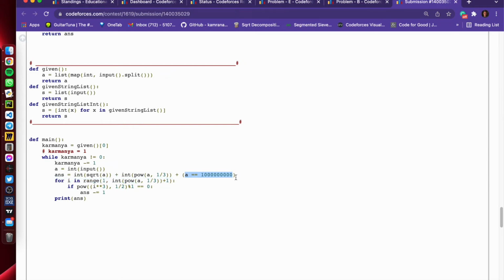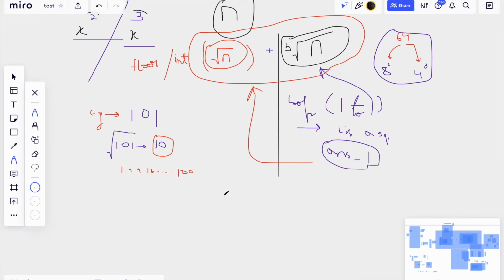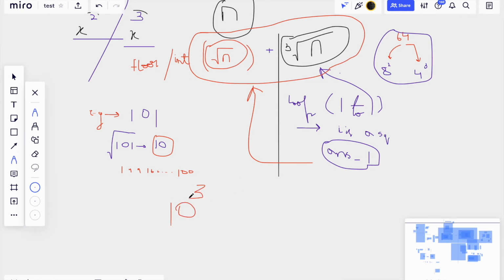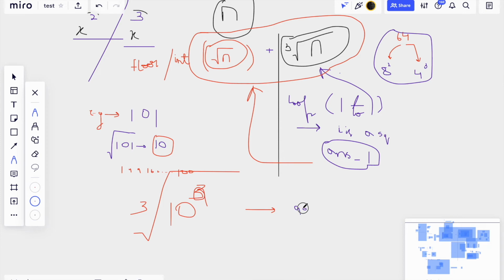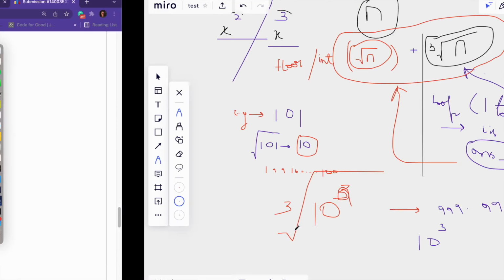I don't know why I was getting this error, but I just noticed it in the test cases. If it is equal to 10 power 9, then the cube root of 10 power 9 in Python was actually giving me 999.999 something. It was not exactly 1000, not exactly 10 power 3. Let me show you.